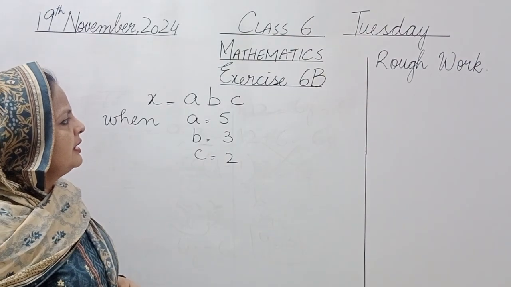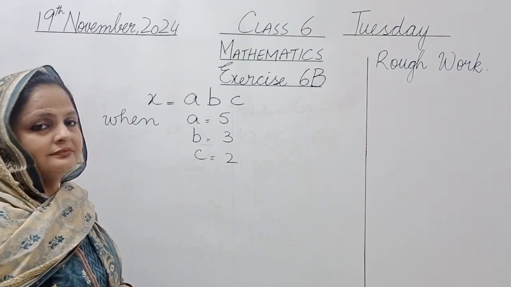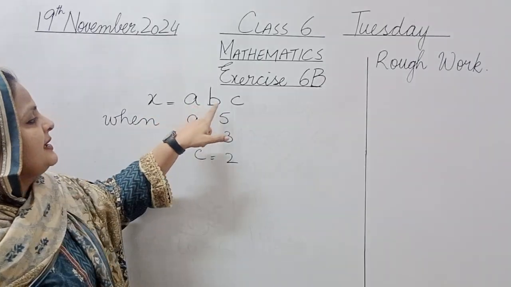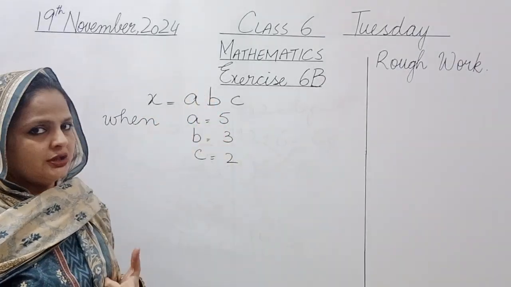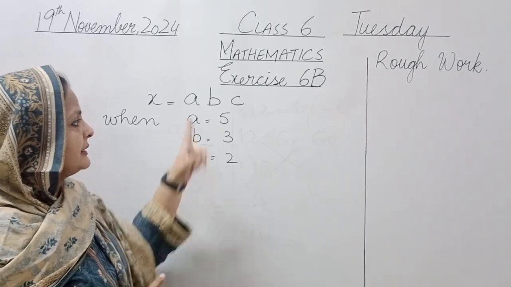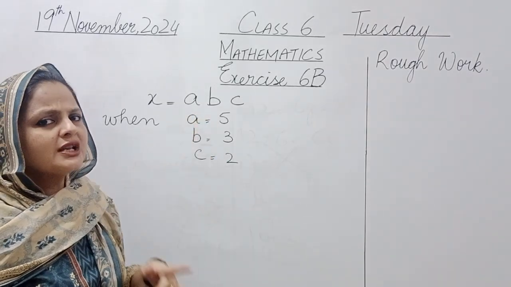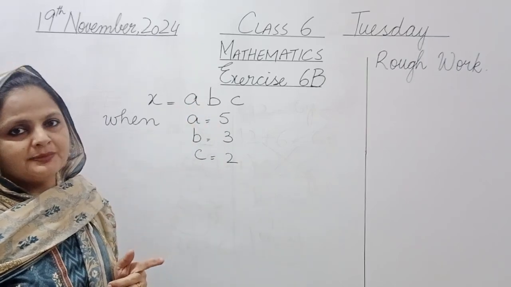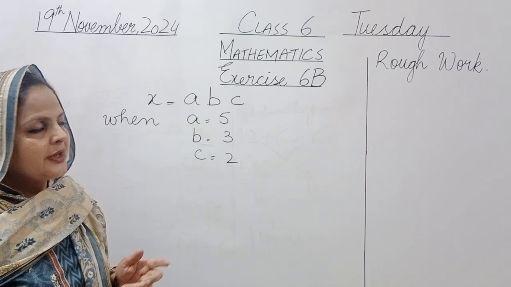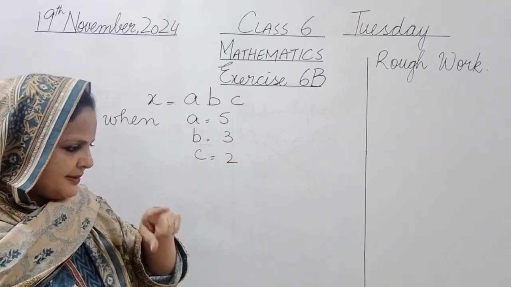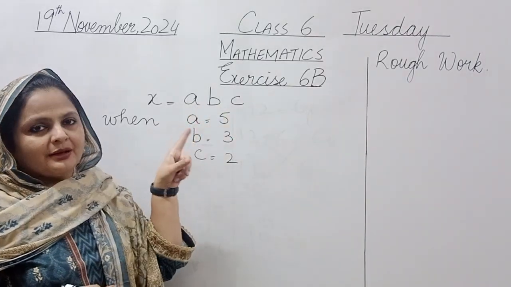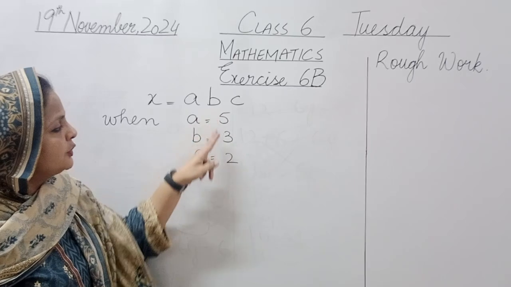Yes, Hania? Quite close. See, abc. There is no sign of addition, no sign of subtraction. Nothing is to be divided here. So, which operation will be done here with these particular variables? We are going to multiply them. Exactly. We are going to multiply these variables by putting in their values.